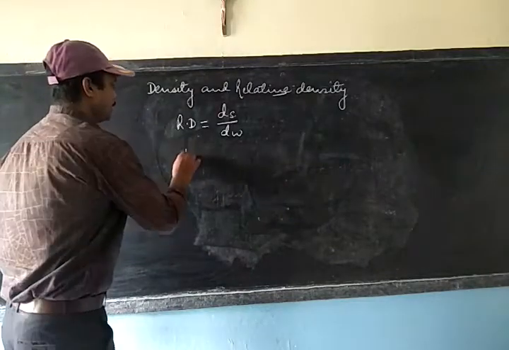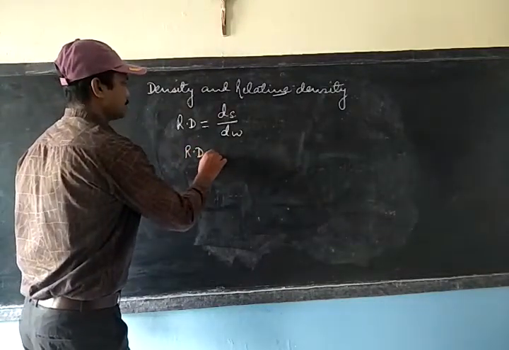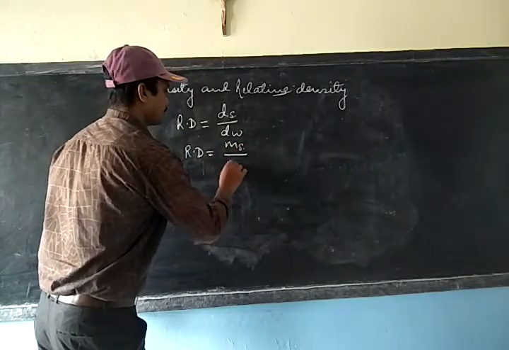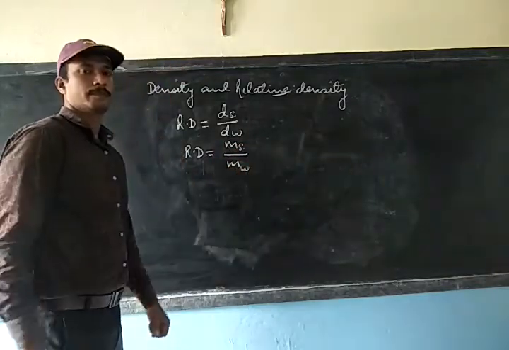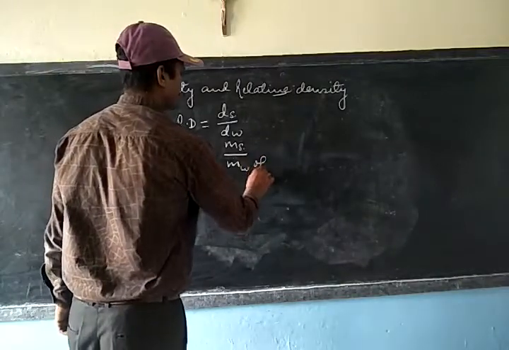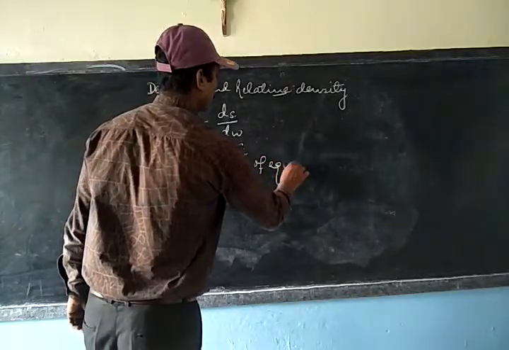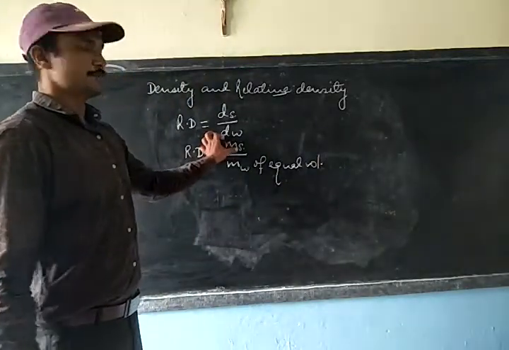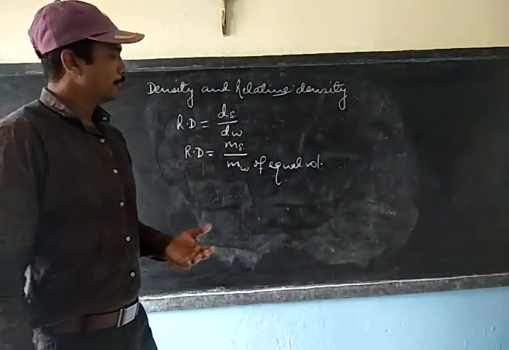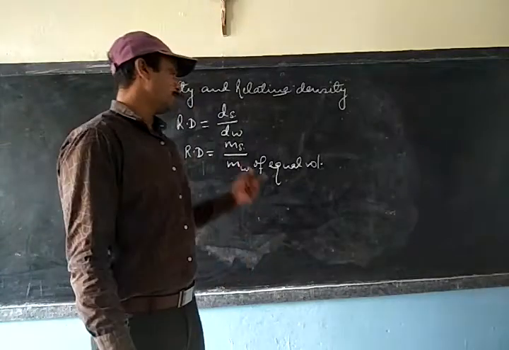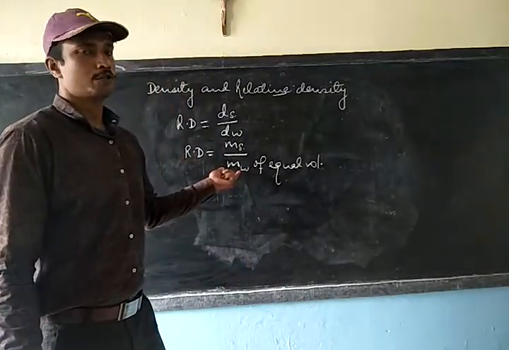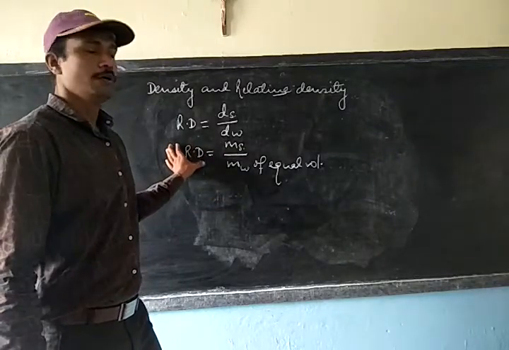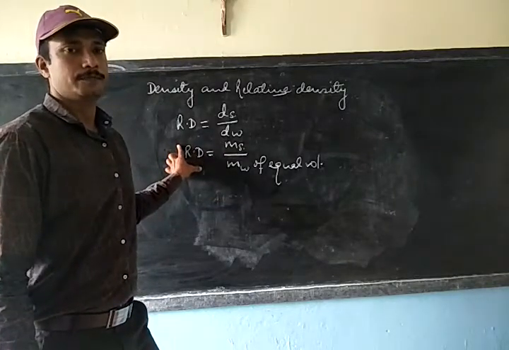We can also write relative density as mass of substance by mass of water of equal volume. You take a mass of substance of certain volume, and for equal volume the mass of water should also be there. In that case, the ratio of both the masses will give you the relative density.